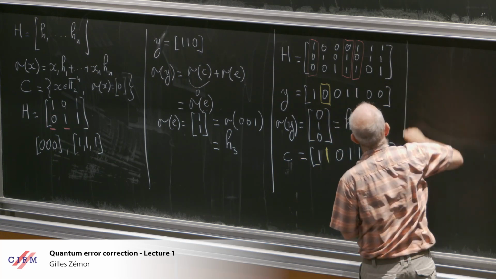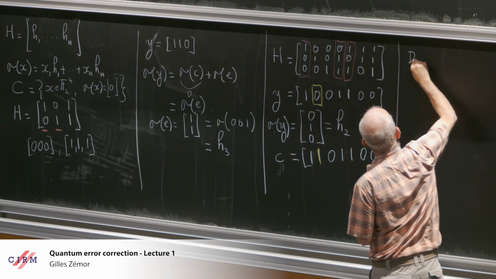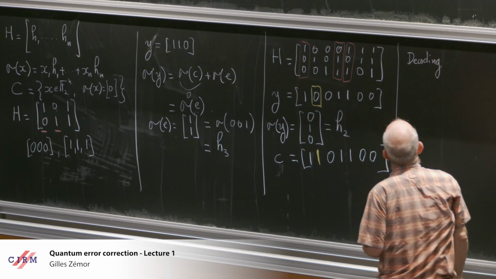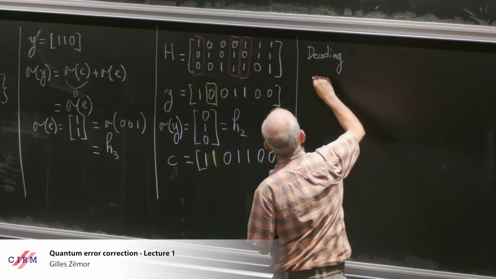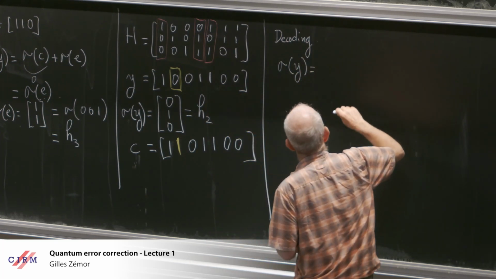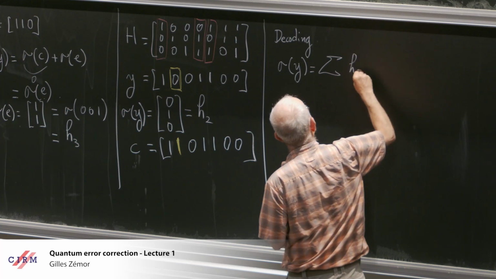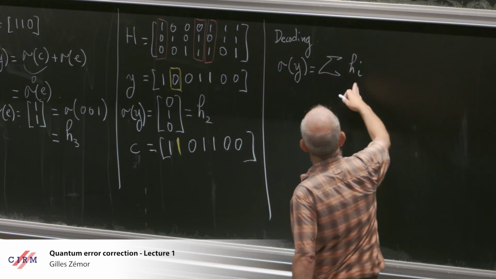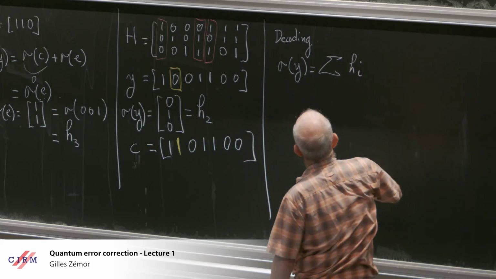So more generally, to decode, what you want to do is compute the syndrome of the received vector and write it as a sum of columns of H that involves the smallest number of columns possible.